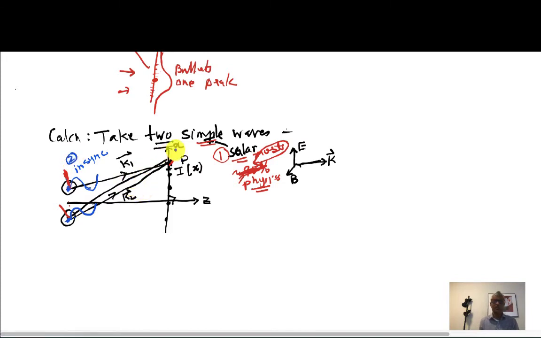Next, for simplification, they have the same wavelength lambda in both of them. So there's one lambda, one frequency. So assumption number 3, same frequency.